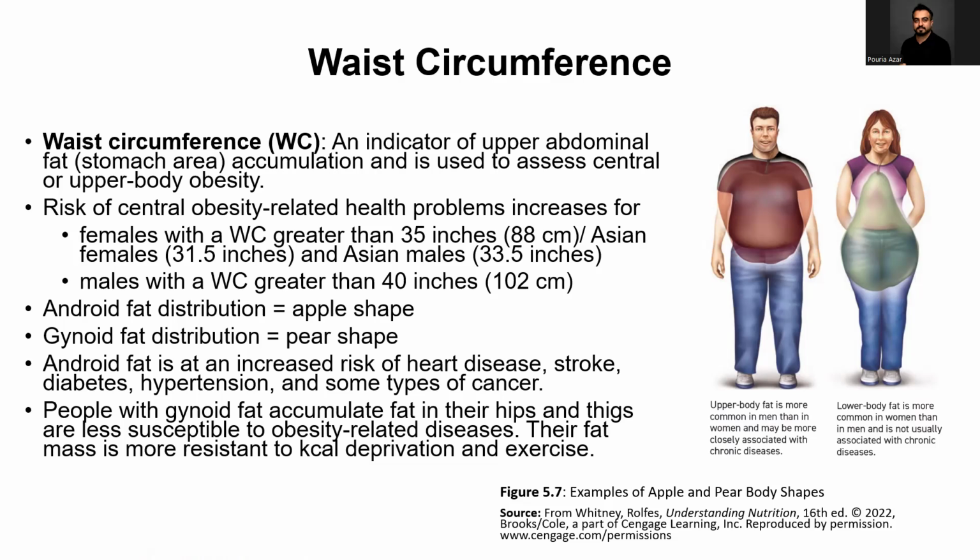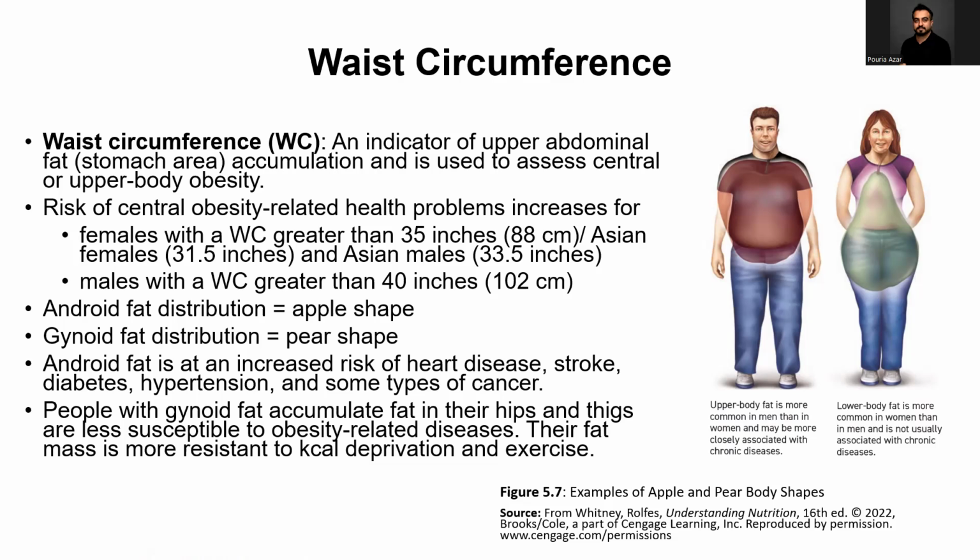We have android fat distribution or apple shape, which is more common in men than in women, and it is closely associated with chronic disease like heart disease, stroke, diabetes, hypertension, and some types of cancers.